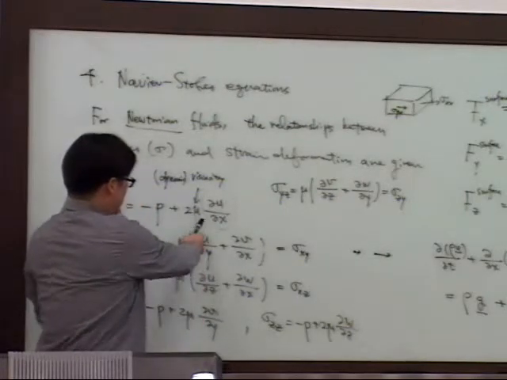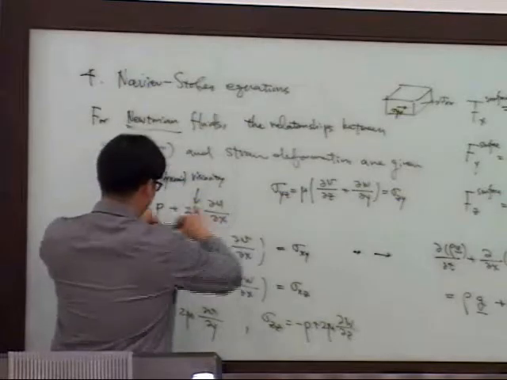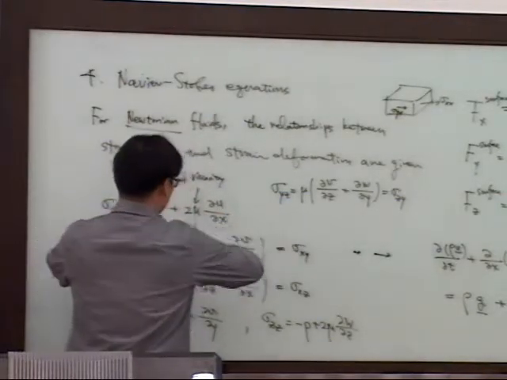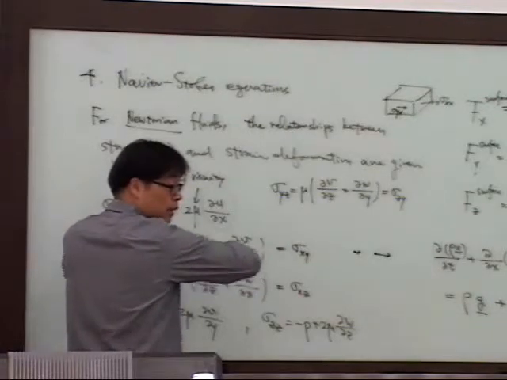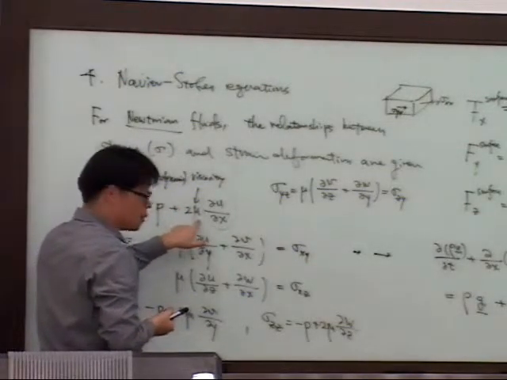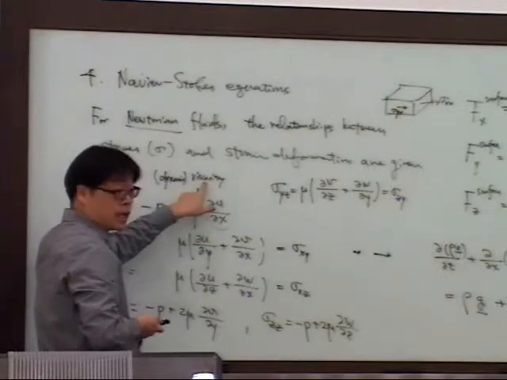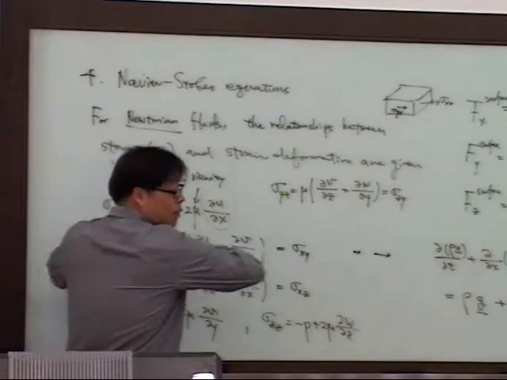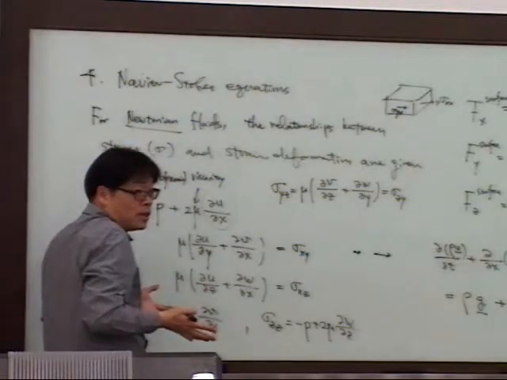And there is a resistance. So in this case, you are trying to pull in the x direction, and the fluid resists that pulling, and the coefficient for that resistance is called mu, which we call viscosity. If there is no viscosity, then you don't need any force because there is no resistance.